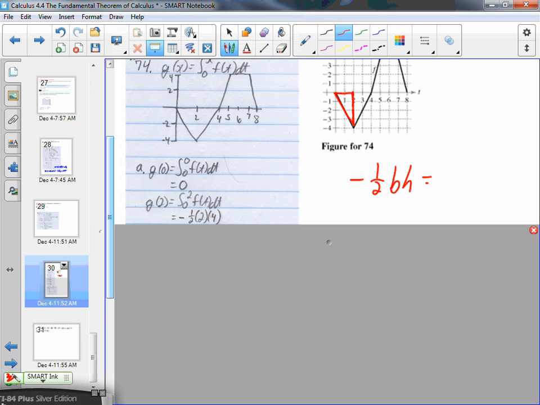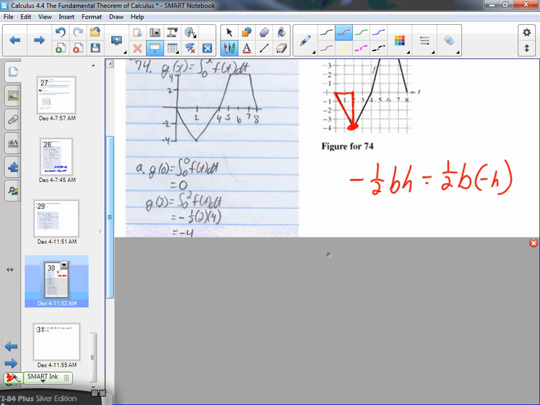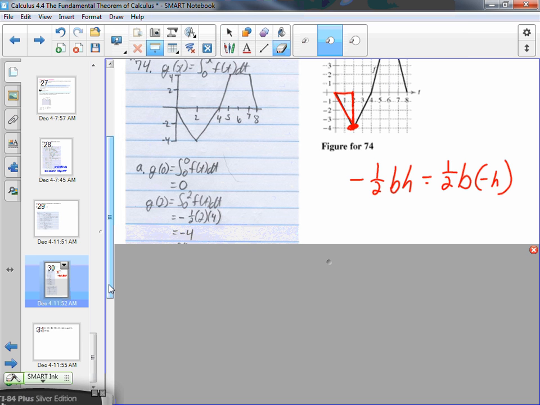Or, equivalently, you can say 1/2 times the base, and then give it a negative height since the f of c is negative. Either way is perfectly correct. Don't do both. Because if you do both, then you'll have two negatives, and a negative times a negative, you'll end up with a positive signed area when you're supposed to end up with a negative signed area. So negative 4.